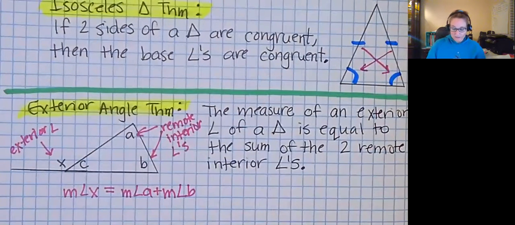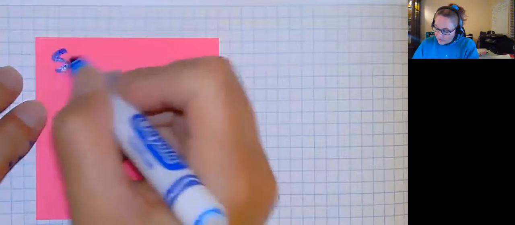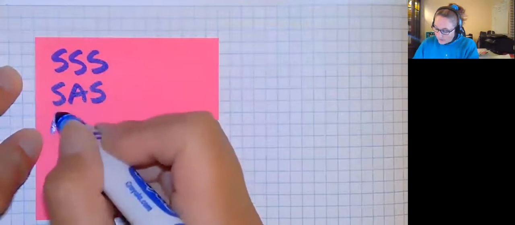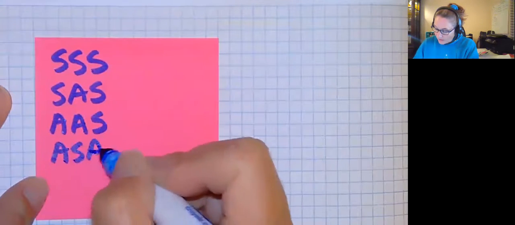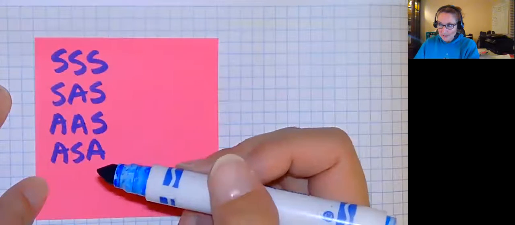Okay, so the next ones are the similarity ones for triangles. So just real quick before I talk about the similarity, remember we have side, side, side; side, angle, side; angle, side, angle; angle, angle, side; and hypotenuse leg. But I want to look at these four.